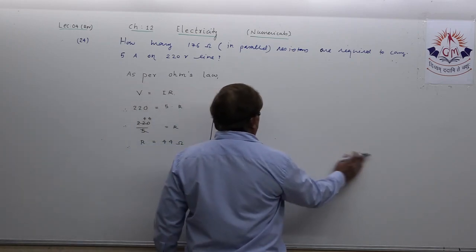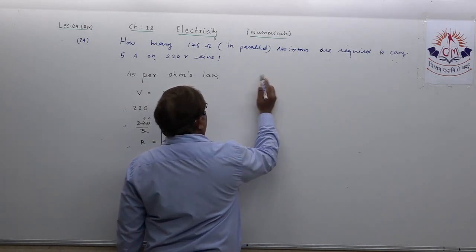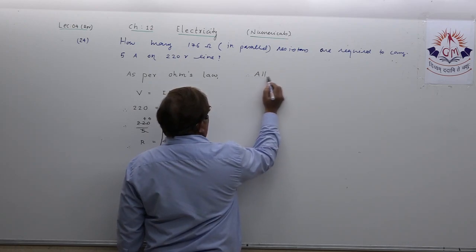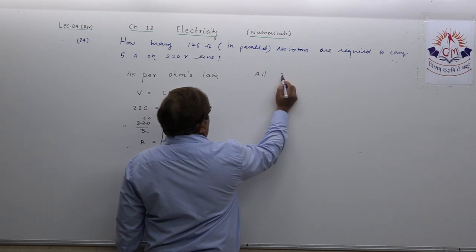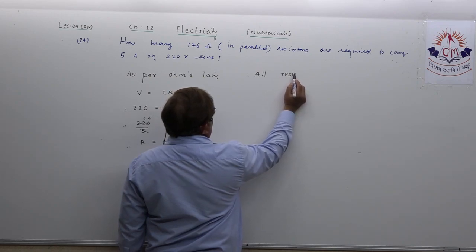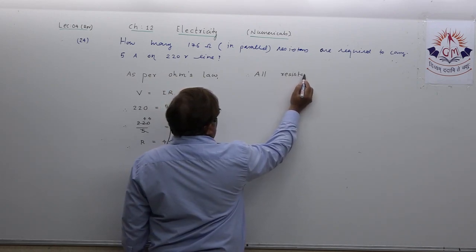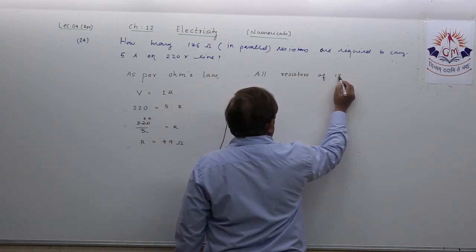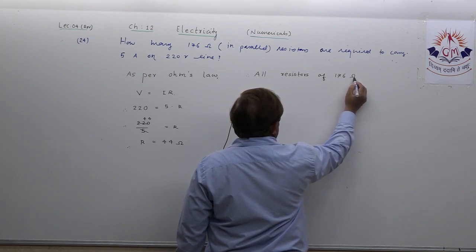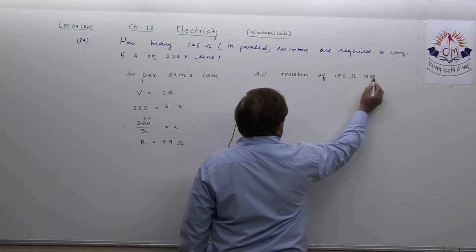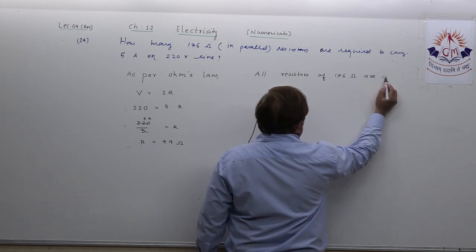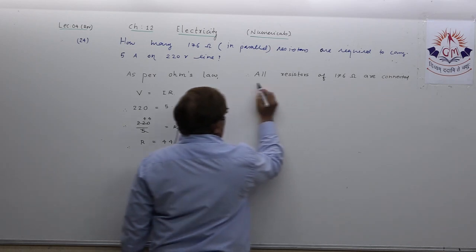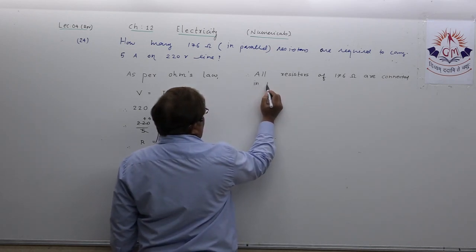How many, you don't know, but you know one thing very well, that all resistors of 176 ohm are connected in parallel, as you all know.